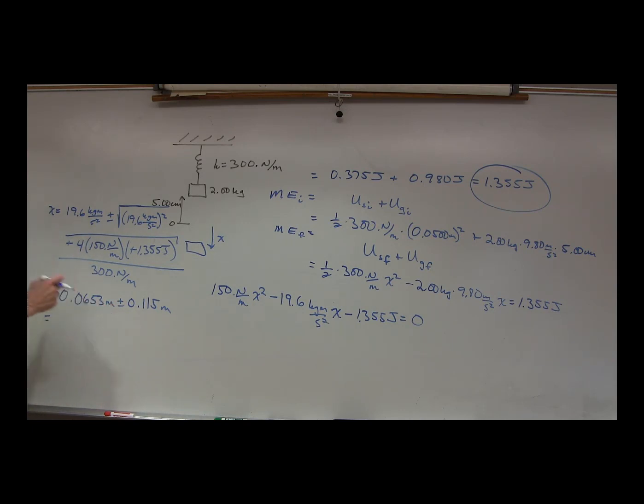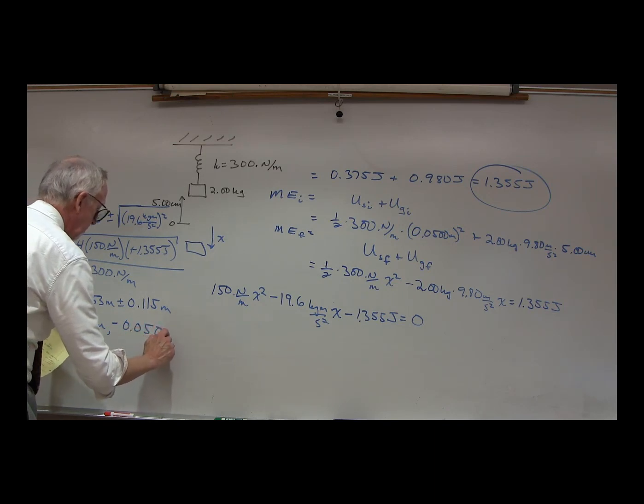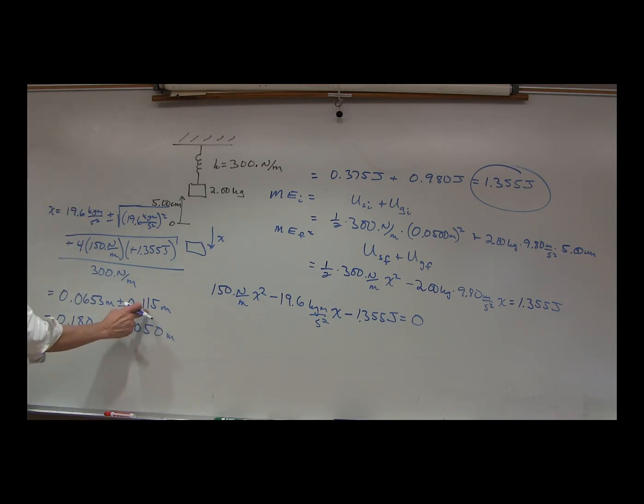If we add them together, we get 0.180 meters. If we subtract them, we get negative 0.050 meters, only to 3 decimal places. In other words, 18.0 centimeters or negative 5.0 centimeters.